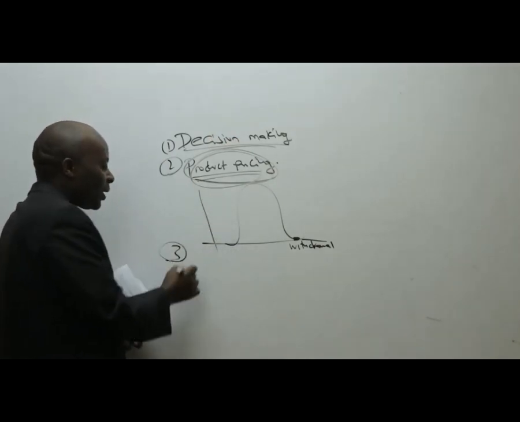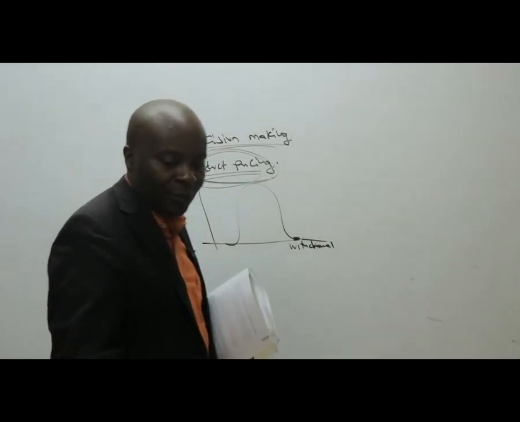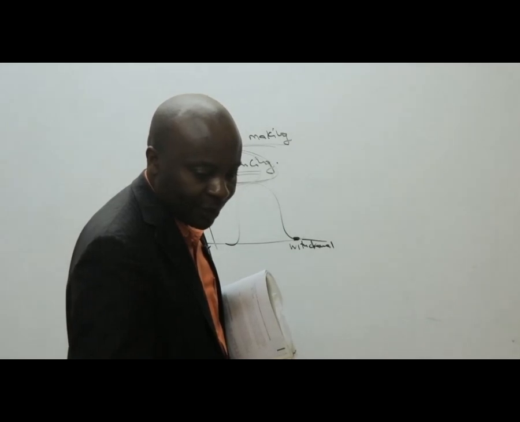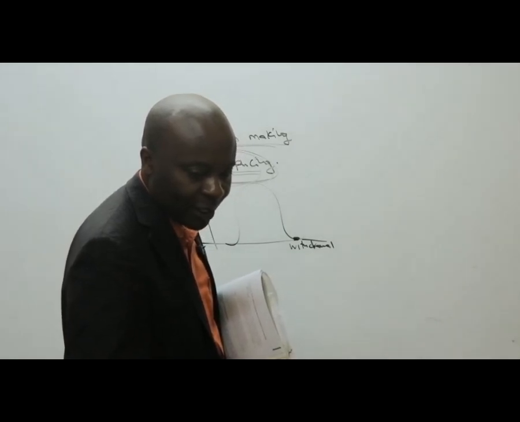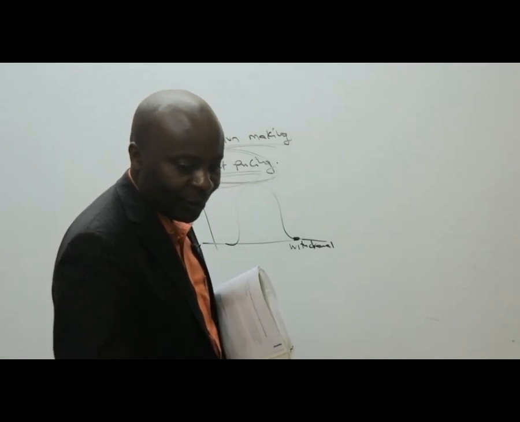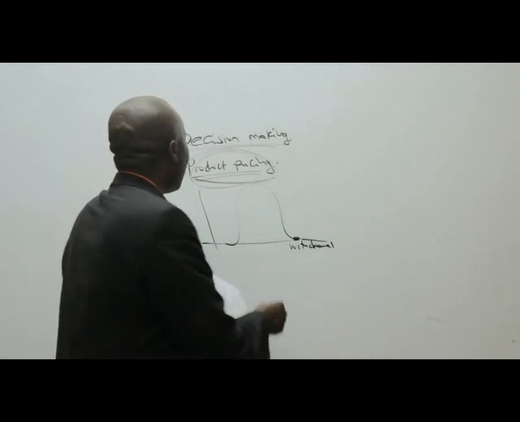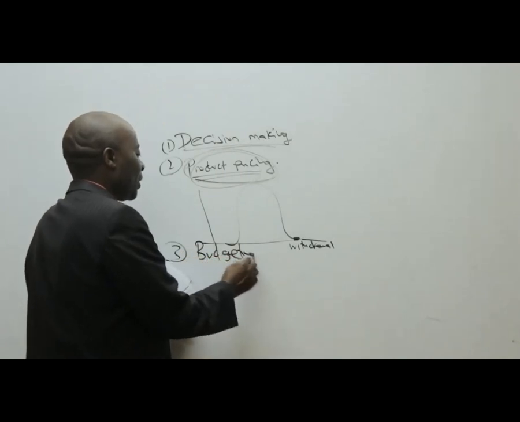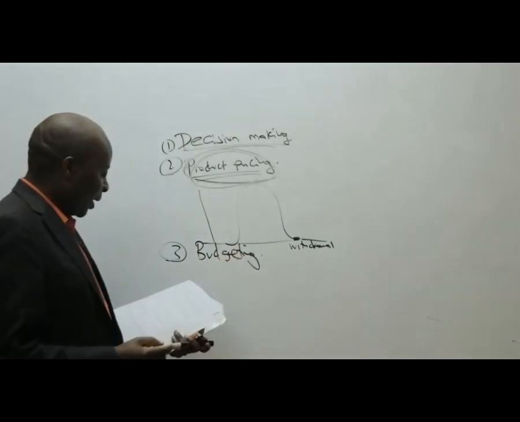So number 3, somebody has also given me some other point here. Budgeting, yes, budgeting, very, very close to pricing, but a different point. We use this EMA thing in budgeting.